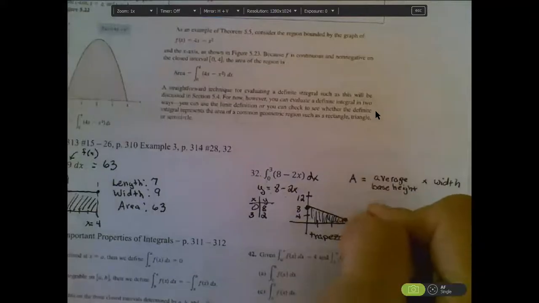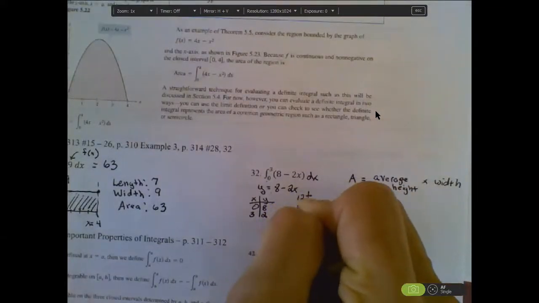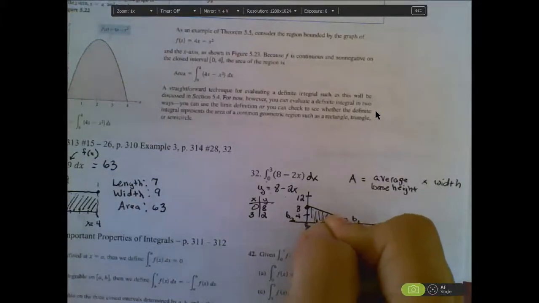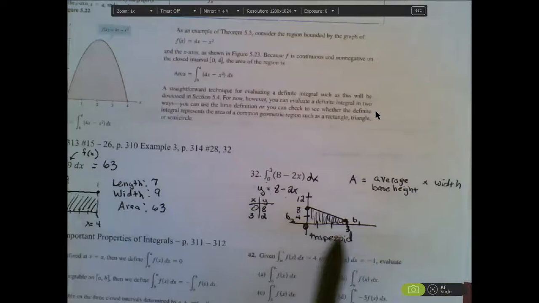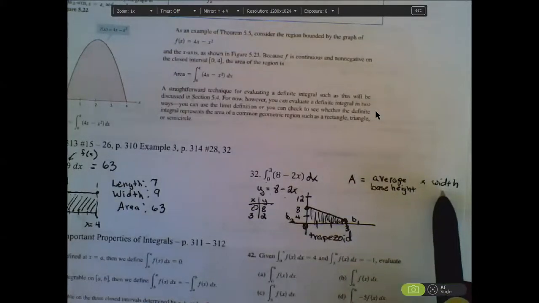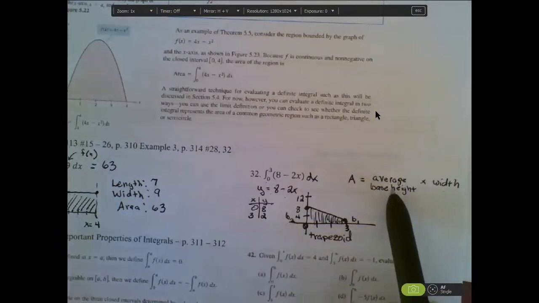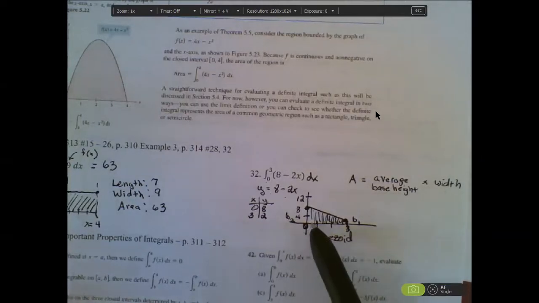If I call this little base B1 and this big base B2, and my width is from 0 to 3, the width of that trapezoid is just 3. How do I find the average height of base 1 and base 2?